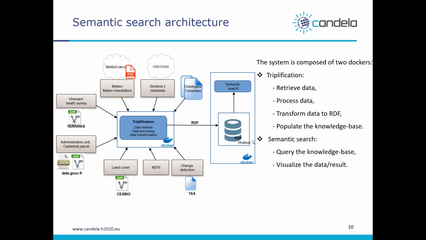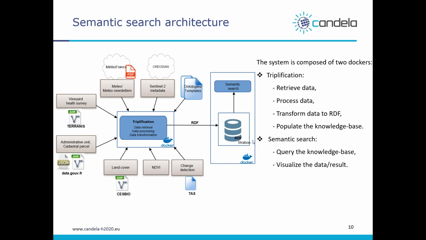So the idea behind semantic search is to integrate various data sources in different formats such as JSON files, TIFF, or GeoJSONs. For the Vinya use case, the main data sources are the chain detections and the land cover classification from our partner.